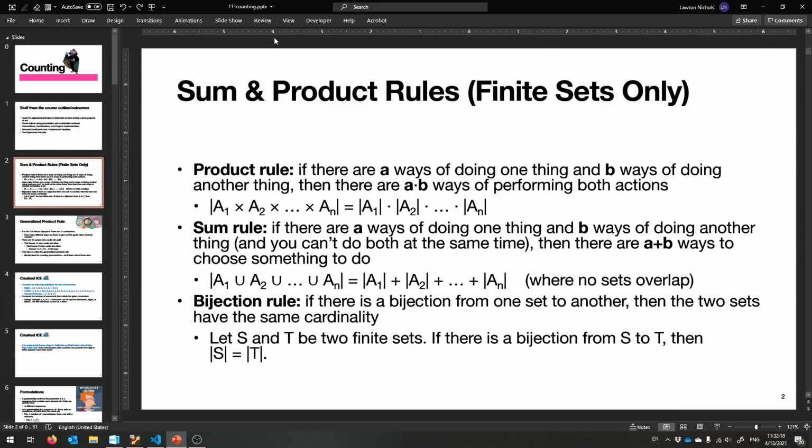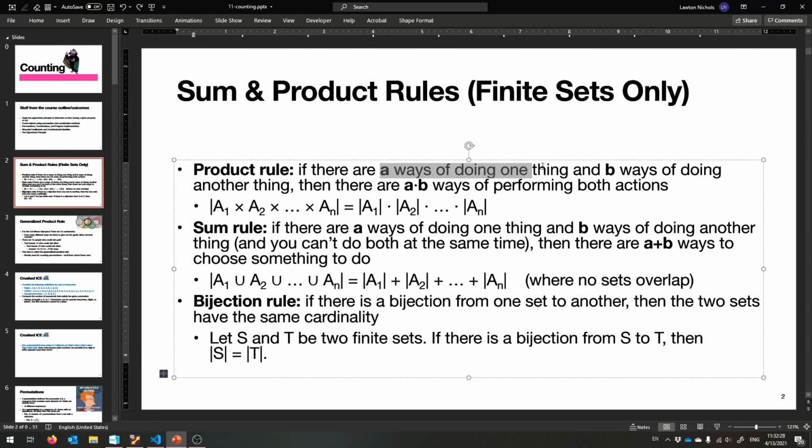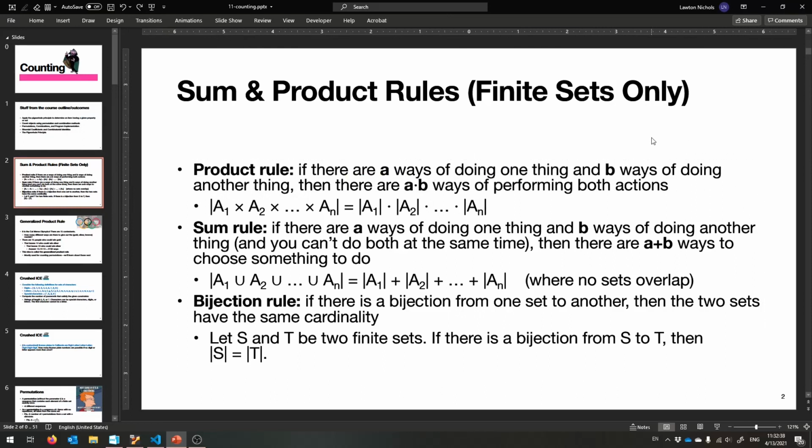Okay, so the first one is the product rule, and it's saying a very natural thing to say. If you have A ways to do one thing and B ways to do some other thing, then that means you have A times B ways of performing both things, both actions.